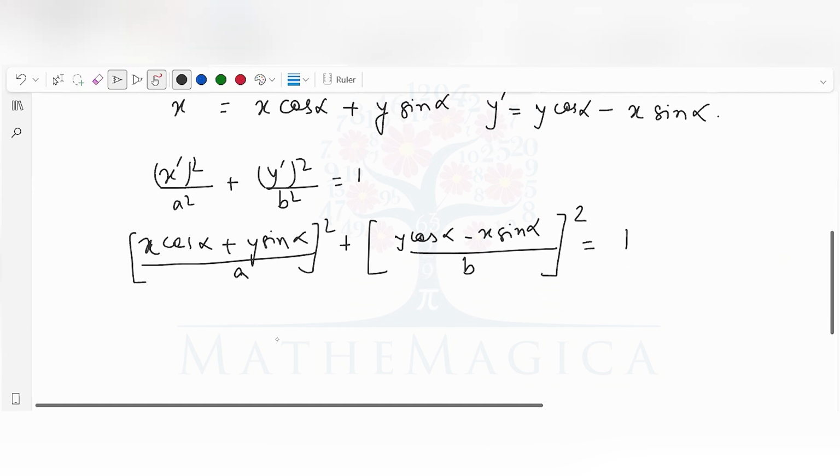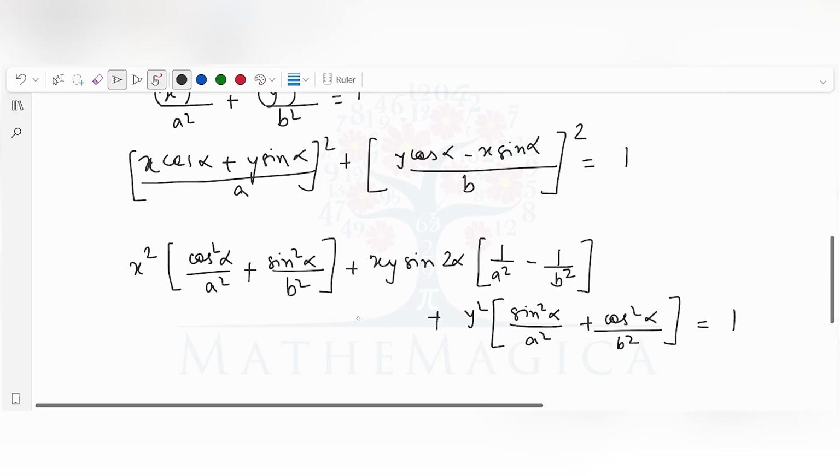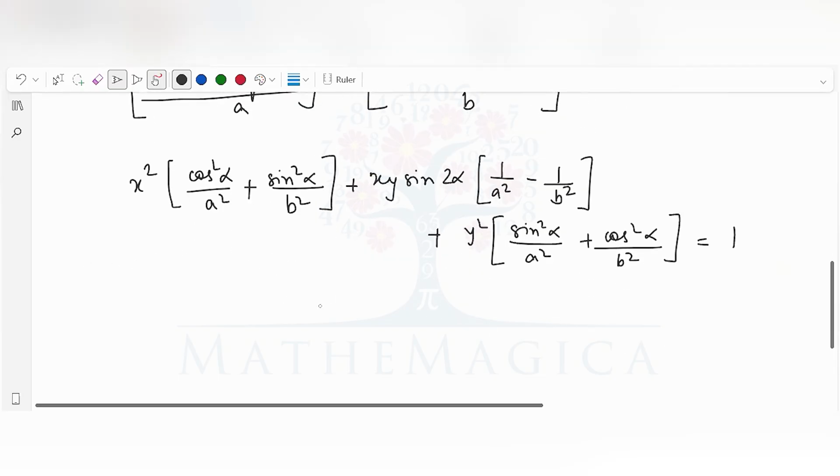Now, we rearrange this equation, and we see that it can be written in the form ax squared plus bxy plus cy squared equal to 1.